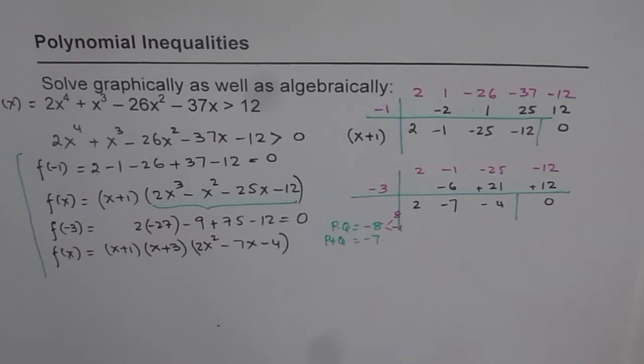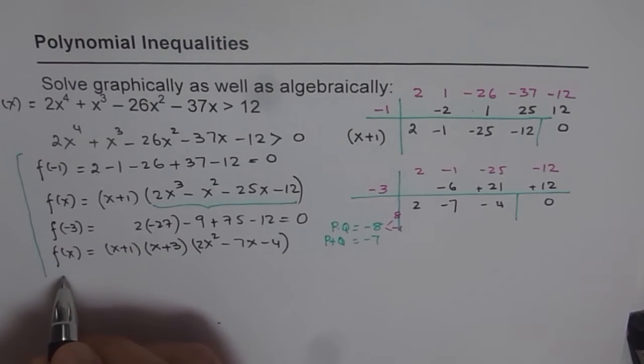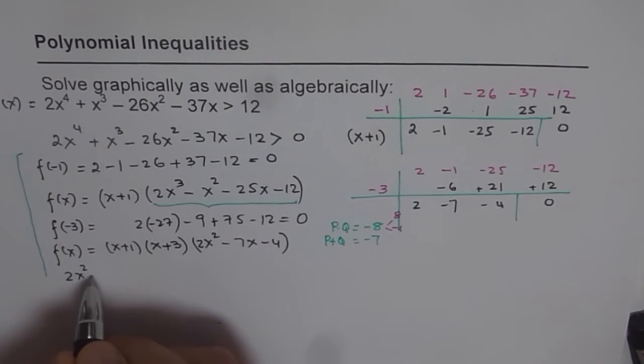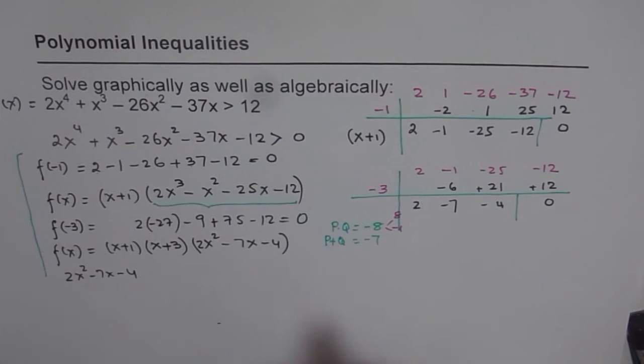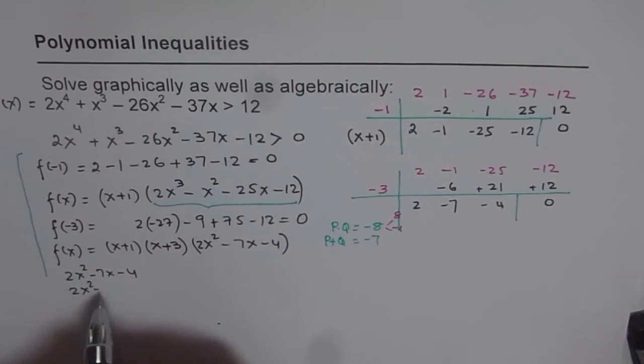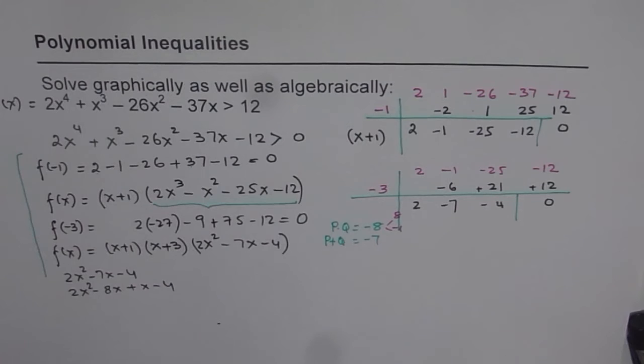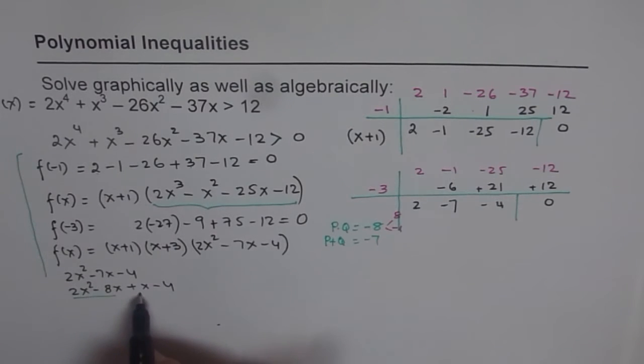So let me show you how to factor 2x squared minus 7x minus 4. So basically I'm splitting minus 7x as 2x squared minus 8x plus x, right? So that is minus 7x minus 4. And then we'll take these two and these two common.